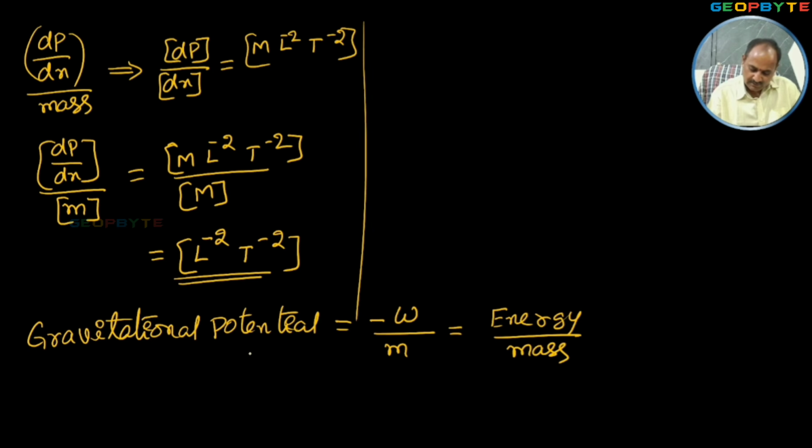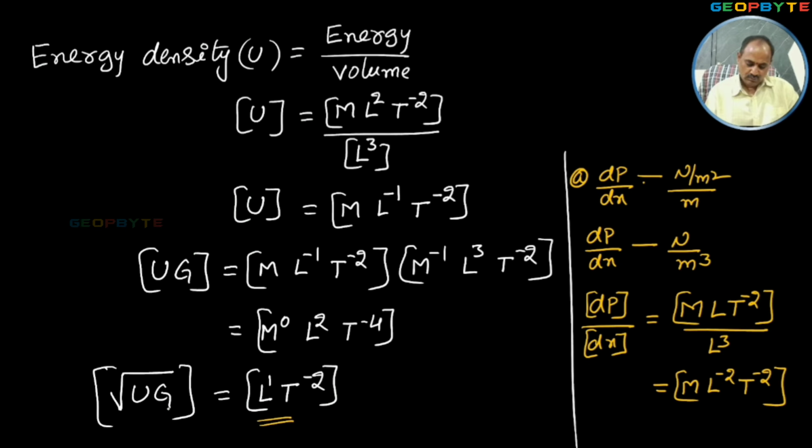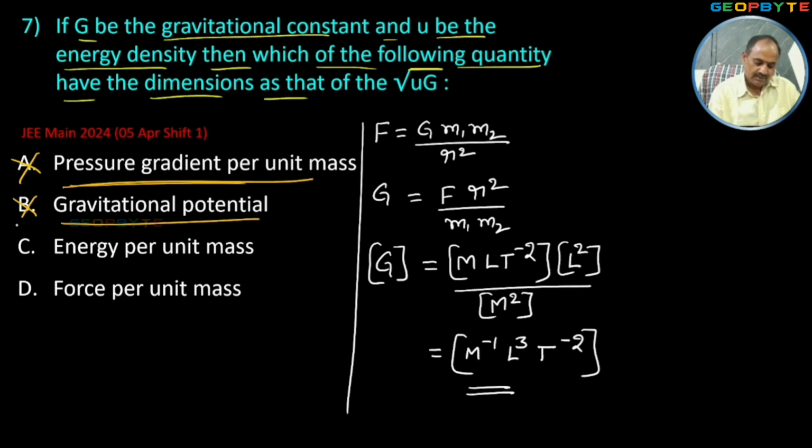Gravitational potential is generally denoted with V. Here V is not volume. Dimensional form: energy M L power 2 T power minus 2 dividing by mass, as work is a kind of energy. So here M is cancelling, L power 2 T power minus 2. But root over UG is L T power minus 2, whereas we got L power 2 T power minus 2. Therefore, B is also not correct.